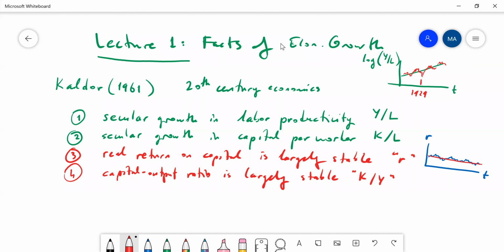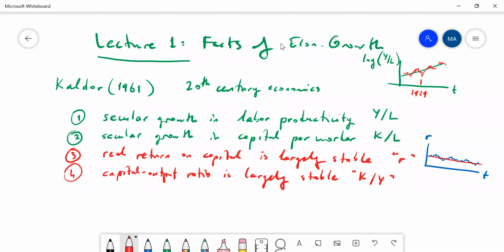Now each dot will be a different economy. And what we see will be something like this.